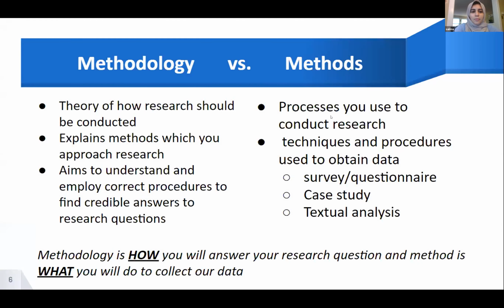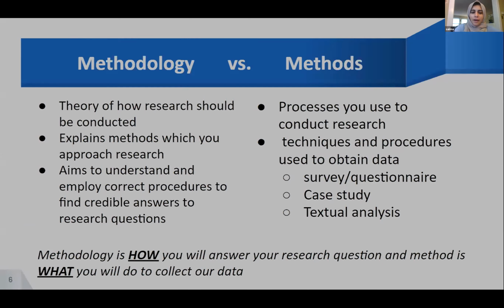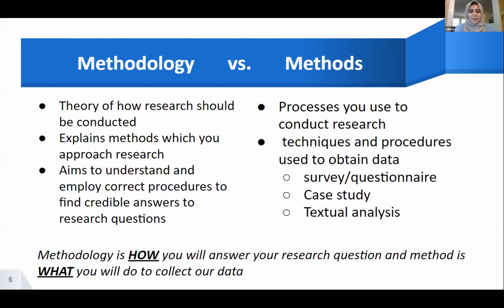All right. So one thing that is really important in science in general is getting your terminology right and making sure that you are using precise language. So the first thing that I wanted to go over and clear up, which I think a lot of people often use interchangeably, but they're actually different, is methodology and methods.